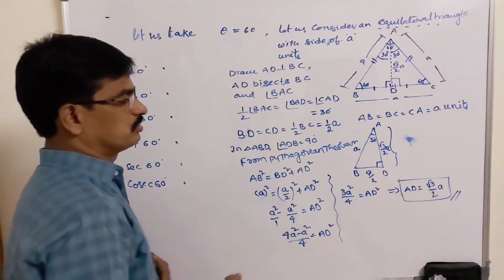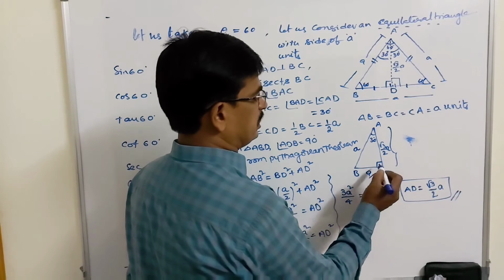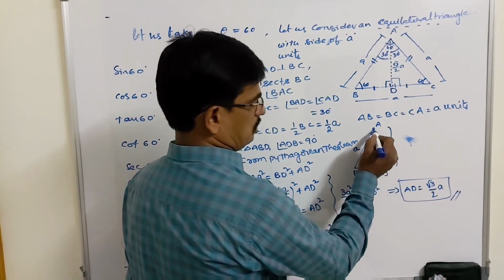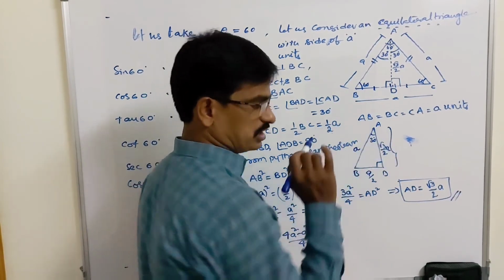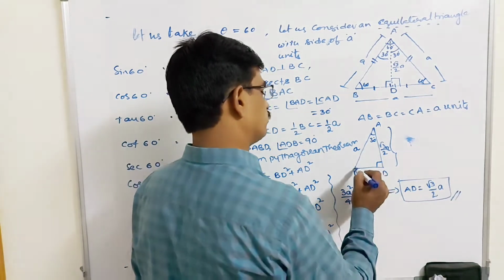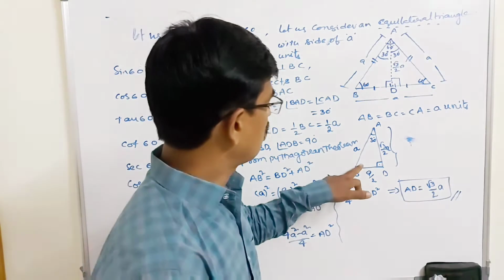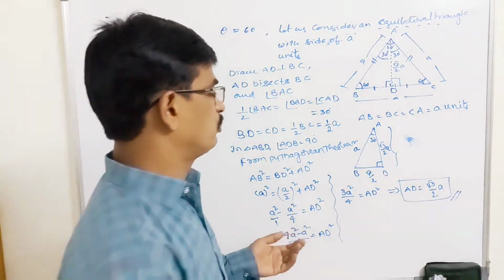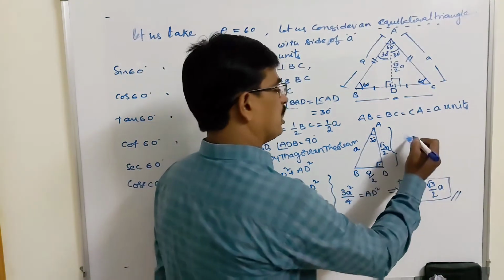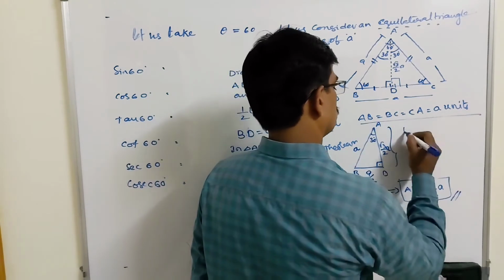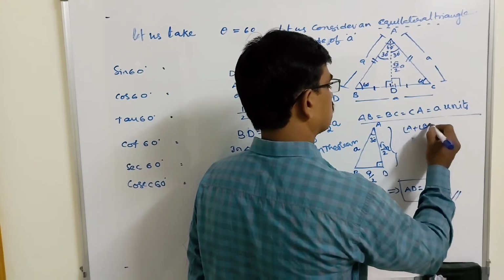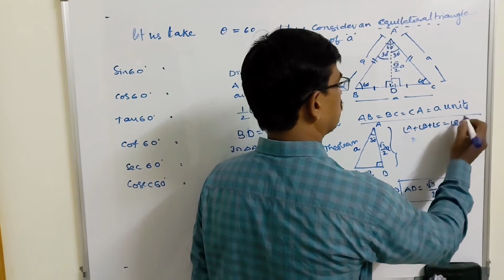Okay, now in a right triangle, one angle at vertex A is 30 degrees, angle at vertex D is 90 degrees. Then what about the angle at vertex B? We know that angle A plus angle B plus angle C is equal to 180 degrees.